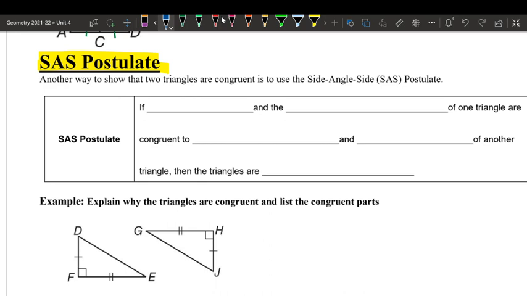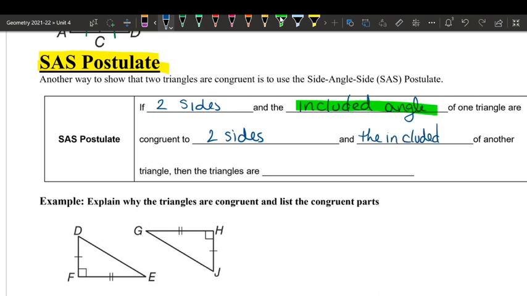And it says if 2 sides and the included angle, not just any angle, but the included angle, of one triangle are congruent to 2 sides and the included angle of another triangle, then the triangles are congruent.